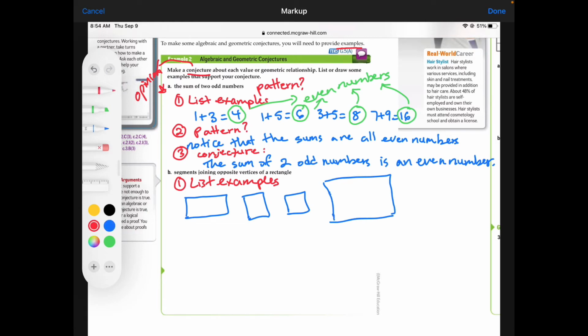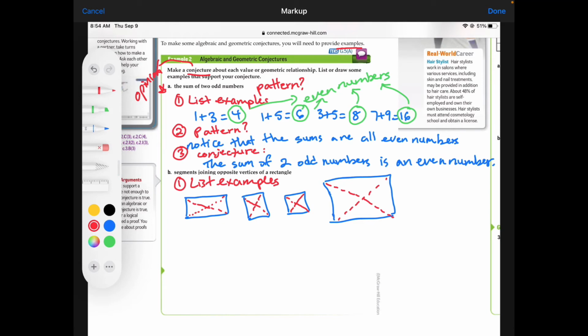I'm going to join opposite vertices. So from a vertex, I'm going to go to the opposite one like such. Here's another one, and so on and so forth. We're joining the opposite vertices to each other.